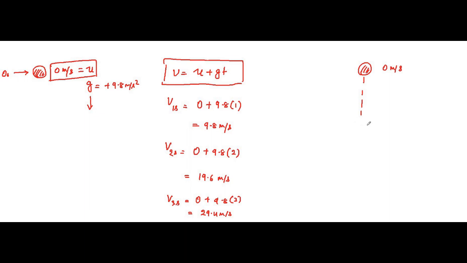After 1 second, the velocity of the ball is 9.8 meters per second. Then again, after a further 1 second, it is 19.6 meters per second.